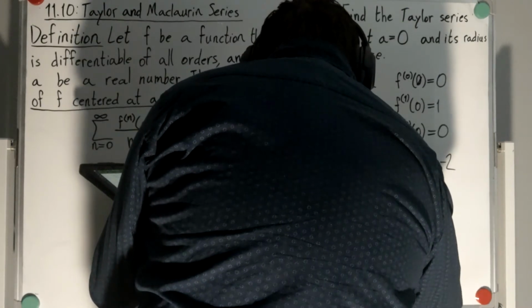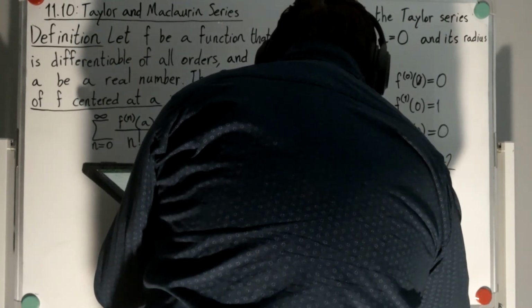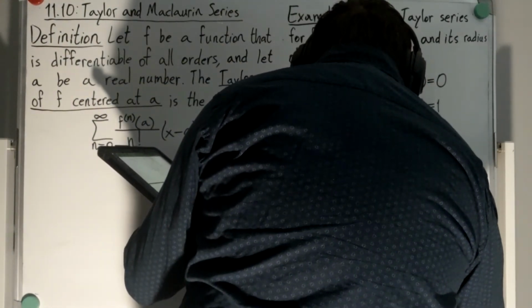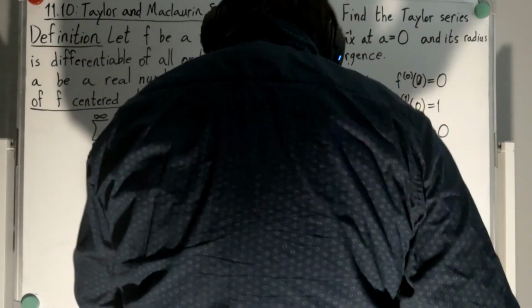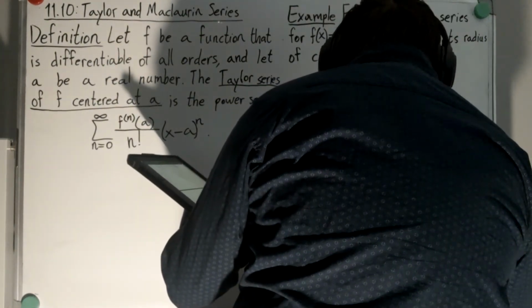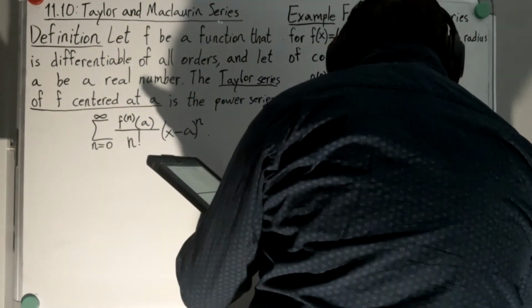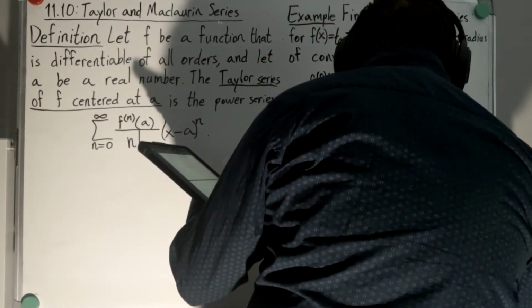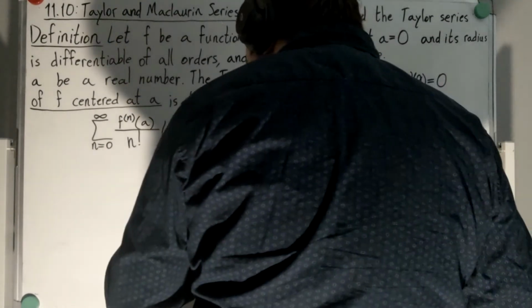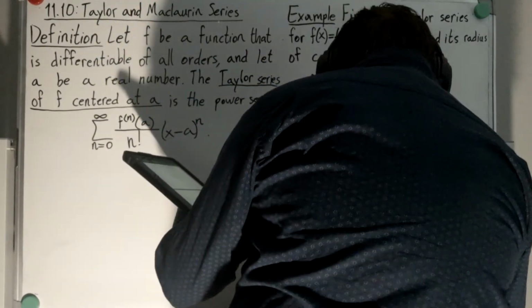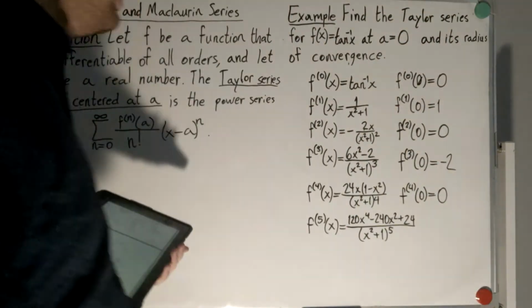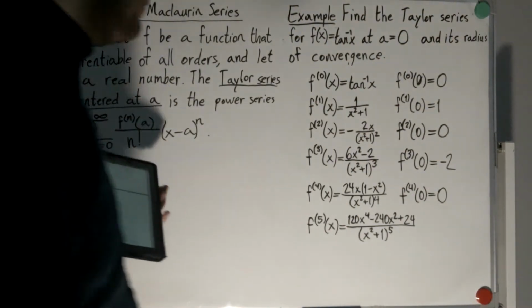The fifth derivative is going to be 120x to the 4th minus 240x squared plus 24, divided by (x squared plus 1) to the 5th. You evaluate that at 0 and you just get 24.